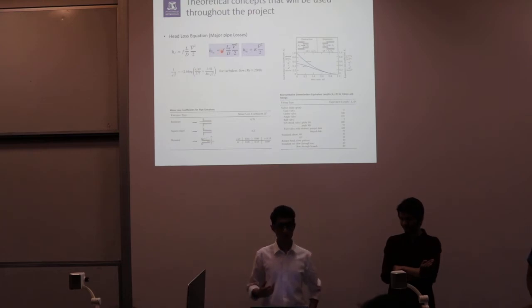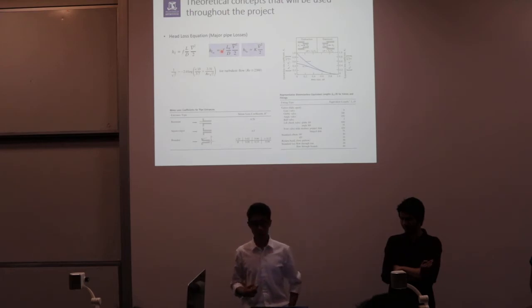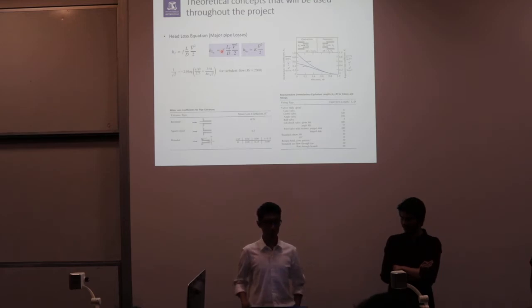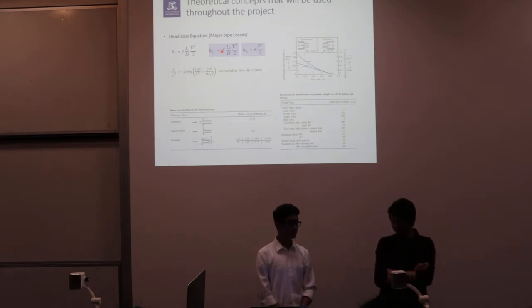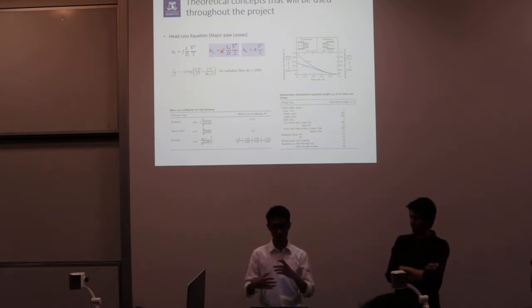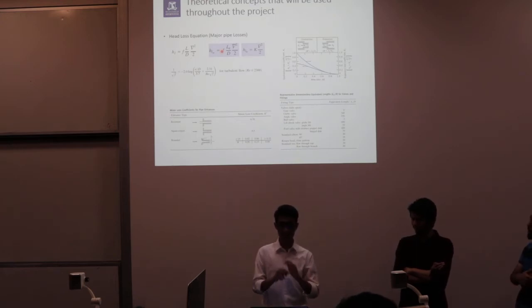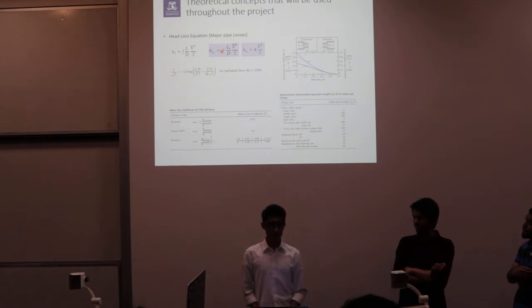So after consulting with our supervisor and our seniors, William, a PhD student, and Kevin, a postdoc, we believe that it is really hard to measure energy losses throughout the flow straightening device, mainly because there are different sections and we can't actually get a precise measurement of each honeycomb's diameter.